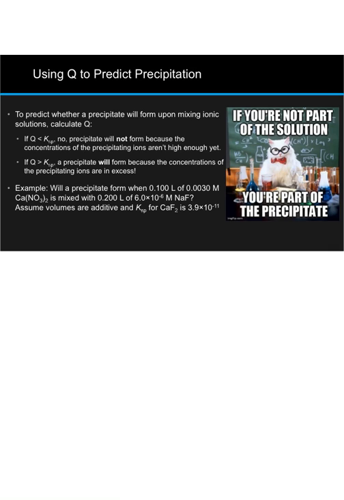For example, when 0.1 liters of a 0.003 molar calcium nitrate solution is mixed with 0.2 liters worth of a 6 times 10 to the minus 6 molar or 6 micromolar sodium fluoride solution, do we still get a precipitate?